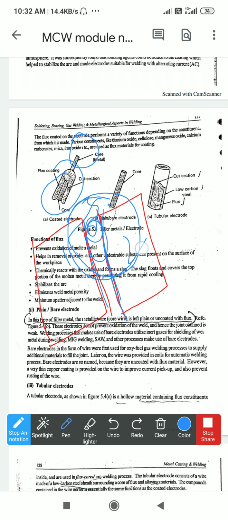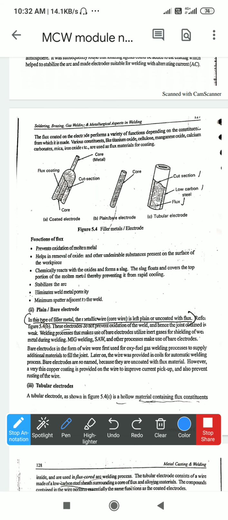Oxidization means what? Smoke is generated over here, which covers and acts like a shelter, so that the gases from the atmosphere will not enter the fusion, because over here the smoke shelter is given. So the main function of the flux is that it prevents the oxidization of the molten metal.